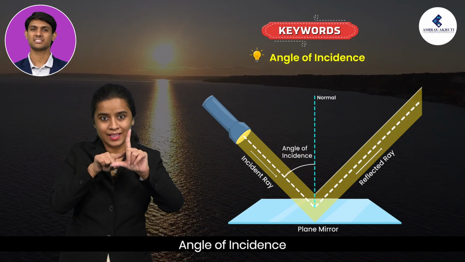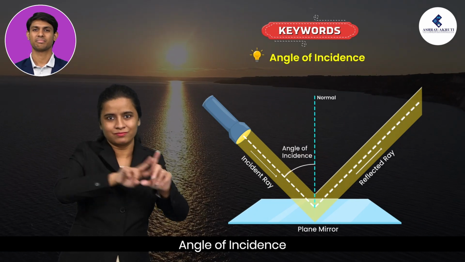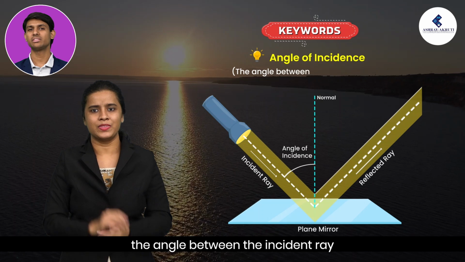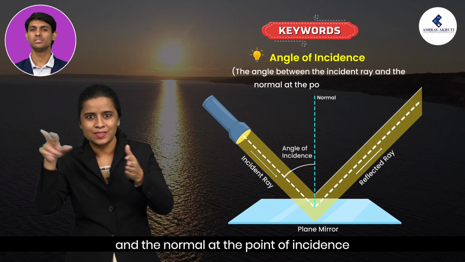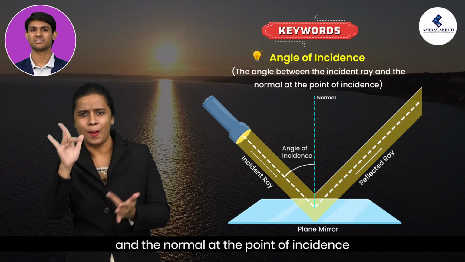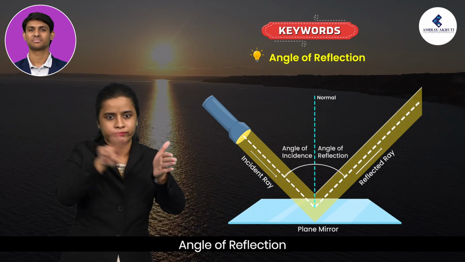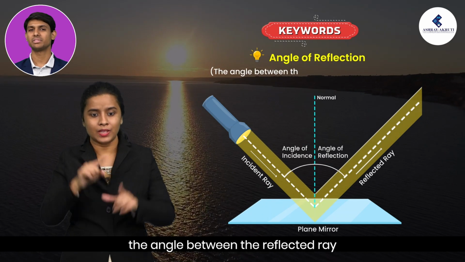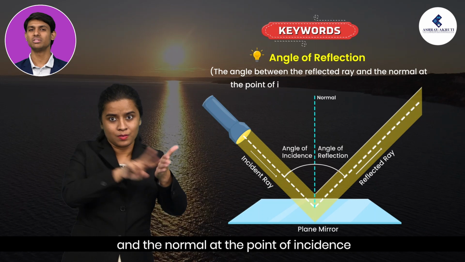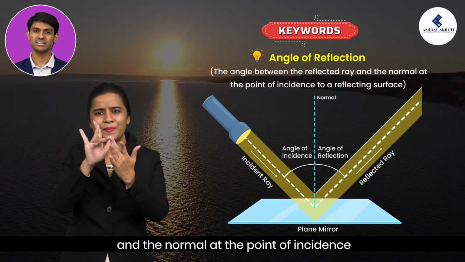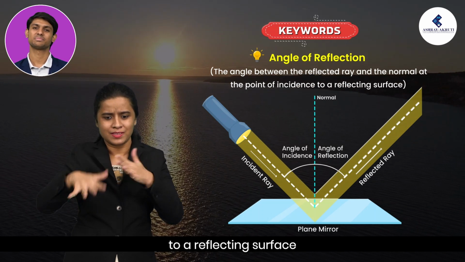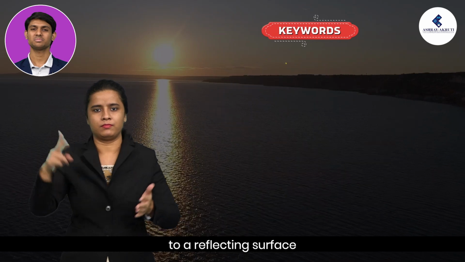Angle of incidence, the angle between the incident ray and the normal at the point of incidence. Angle of reflection, the angle between the reflected ray and the normal at the point of incidence to a reflecting surface. Image.